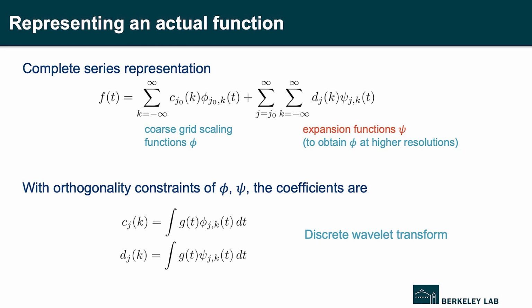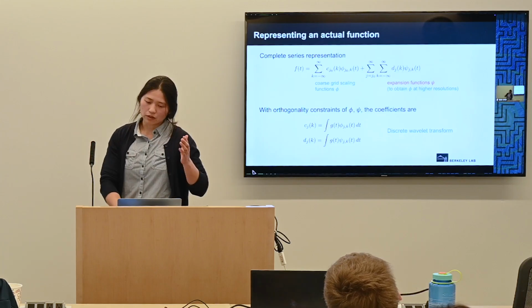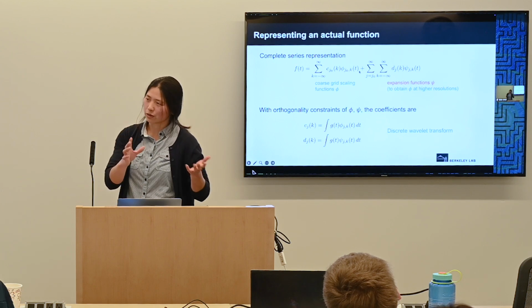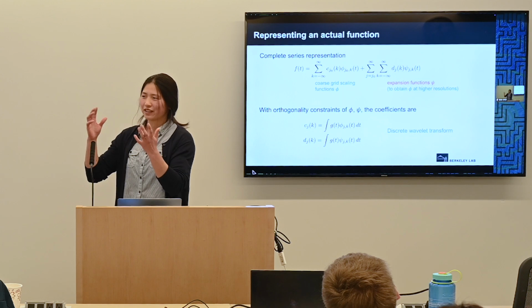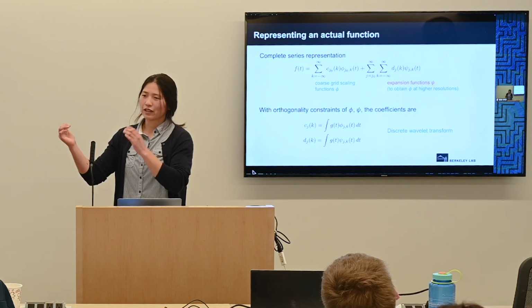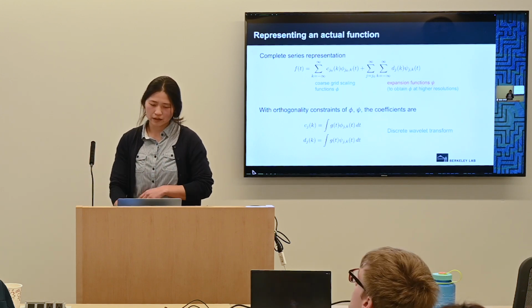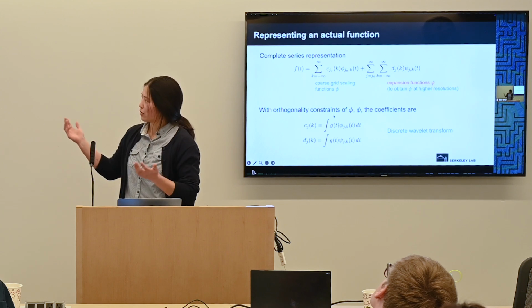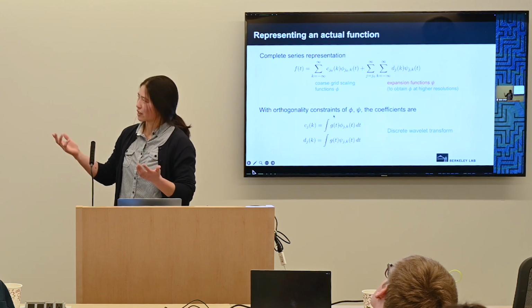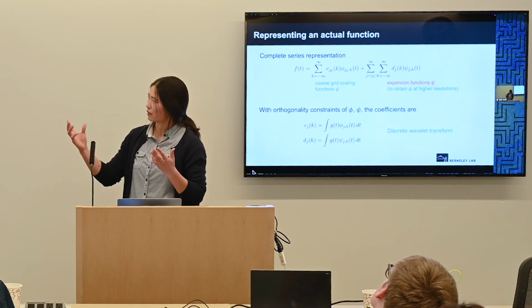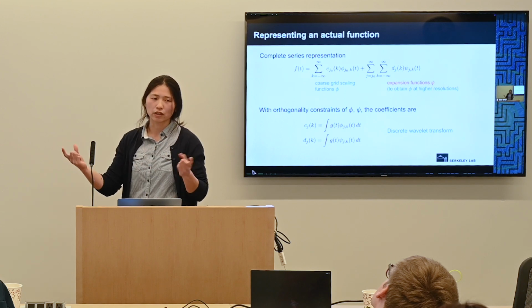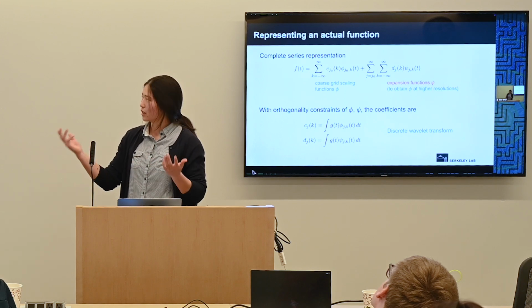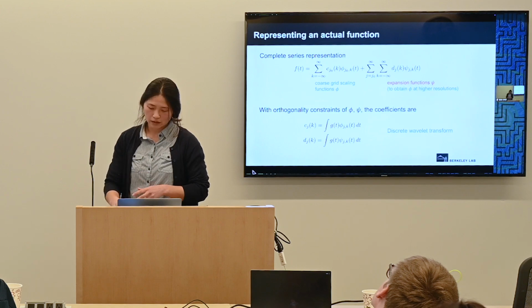All of these wavelet functions, when added together with the coarse scaling functions, generate higher resolution scaling functions, so there's no loss of information. As with a standard transformation, the coefficients of these basis functions are given by the inner product of our data and the basis function, assuming we have orthogonality.